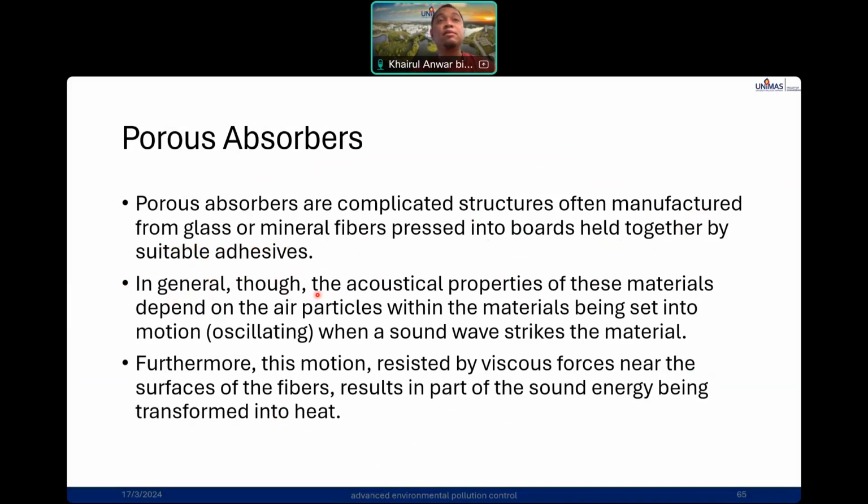In general, though, the acoustical properties of this material depend on the air particles within the material being set to motion when a sound wave strikes the material. Furthermore, this motion is resisted by viscous forces near the surface of the fiber, resulting in part of the sound energy being transformed into heat.